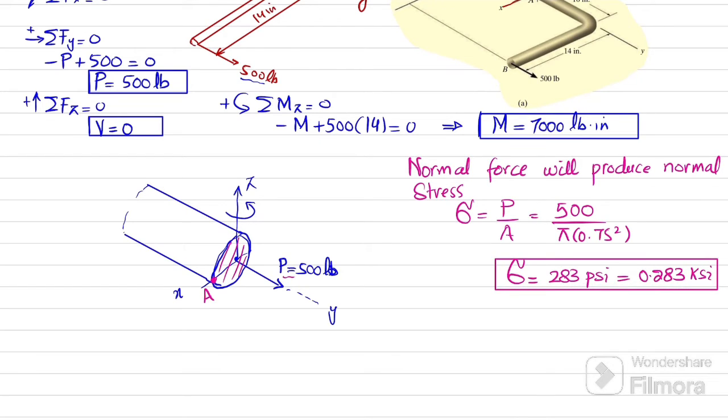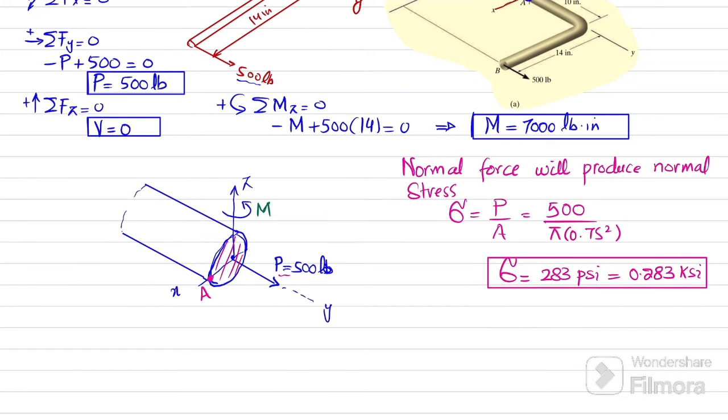Now we can see that due to this moment about z-axis, this is the moment. Due to this moment, this rod will bend like this. Here, this point A, this layer will be in tension, and this layer will be in compression. So point A will be in tension.